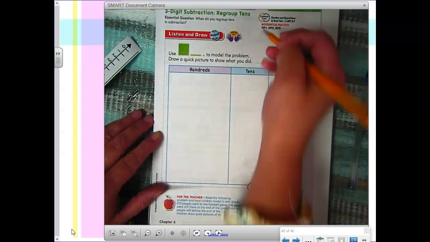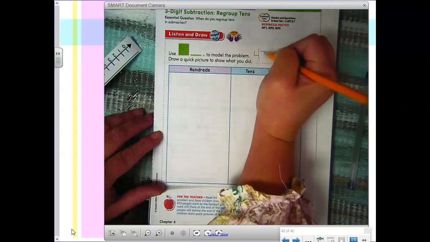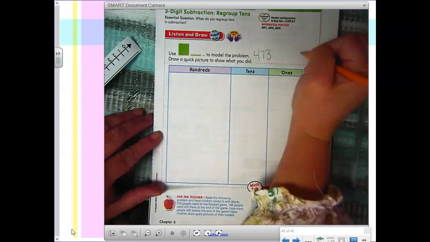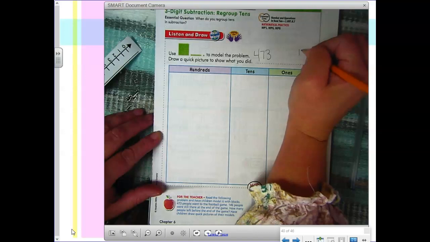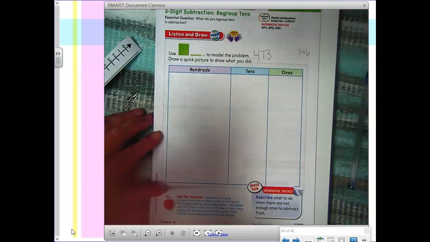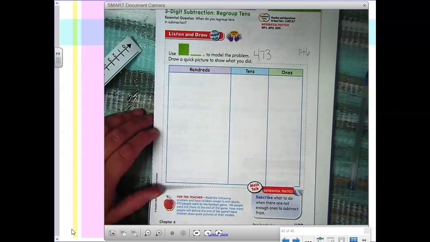There were 473 people at the game. 146 were still there at the end of the game. We need to know how many people left before the end of the game. We need to draw our big number first because we are subtracting. We start with the big number and take away.